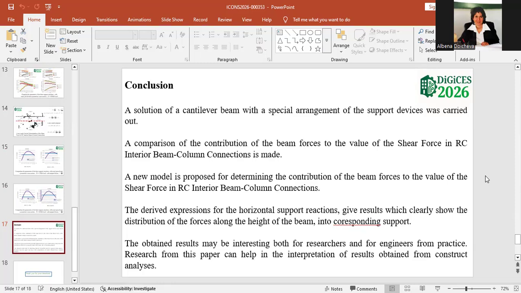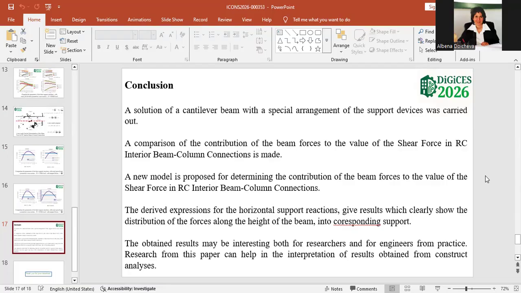For conclusion, a solution of a cantilever beam with a special arrangement of the support device was carried out. A comparison of the contribution of the beam forces to the value of shear force in an interior beam-column connection is made.